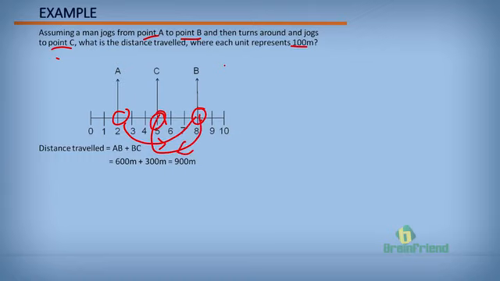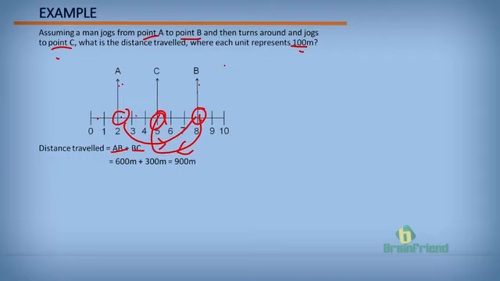So the question is, what is the distance traveled by the man? So the first distance is AB plus BC. And he said each unit represents 100 meters, meaning from this point to this point is 100, this to this is 100, and so on.